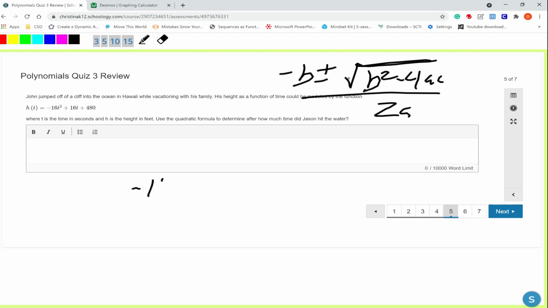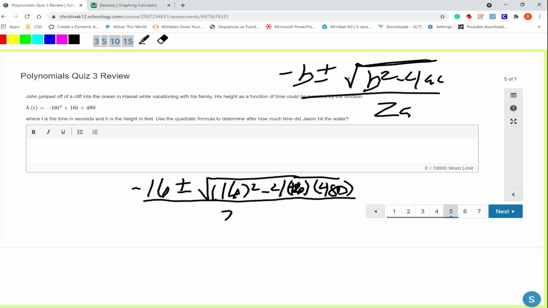So negative 16 plus or minus square root 16 squared minus 4 parentheses 16 parentheses 480, all over 2 parentheses negative 16. So that's what we're going to type into our Desmos window.